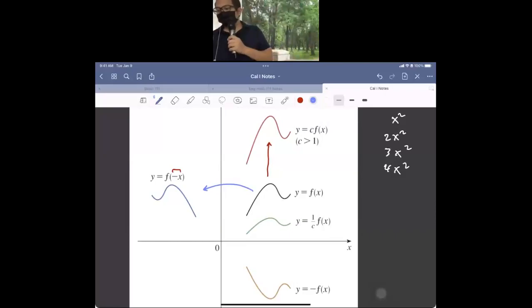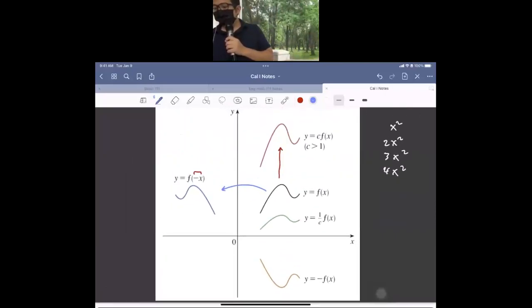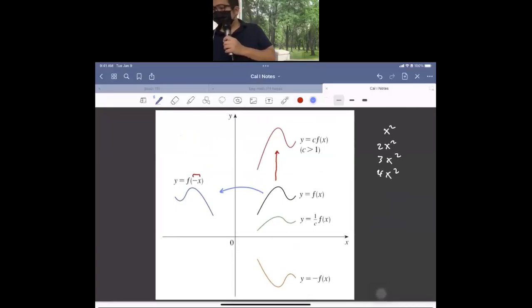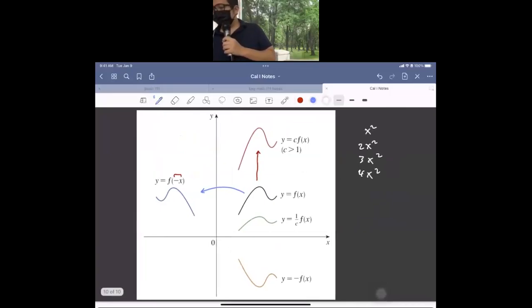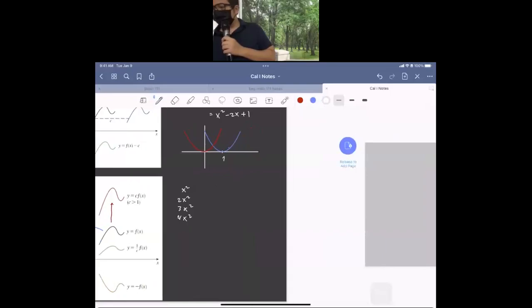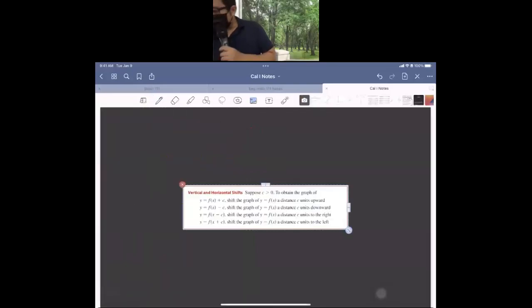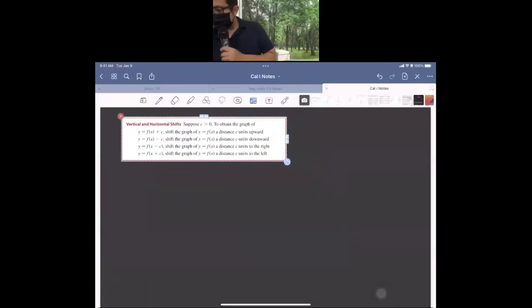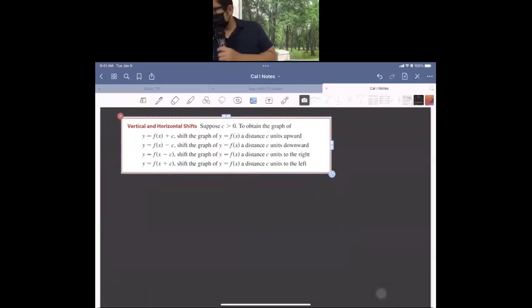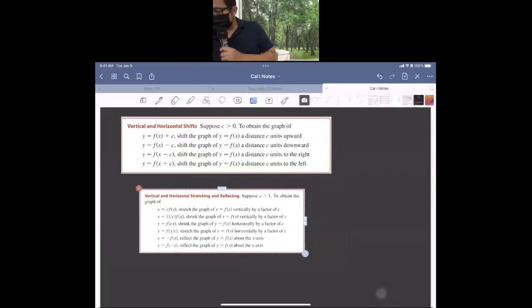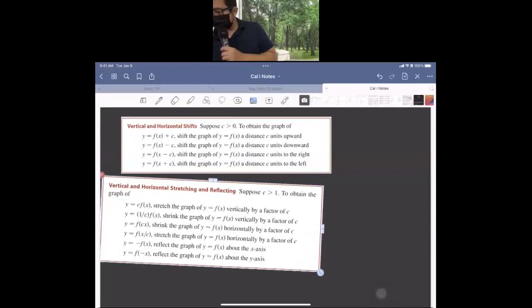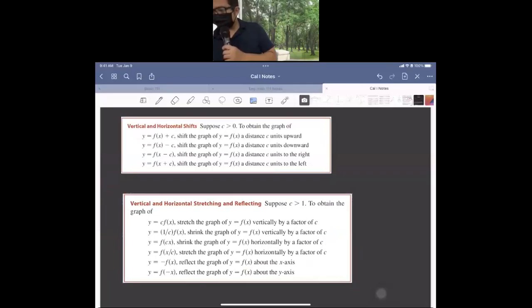If you want more formal definitions of what happens, I will share another slide. I think this one is for the vertical and horizontal shift, and this one is for the vertical and horizontal stretching and reflecting.